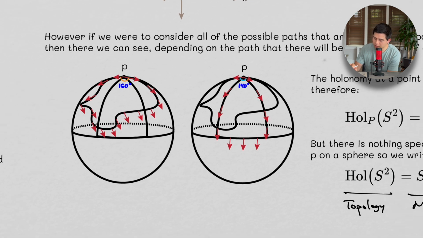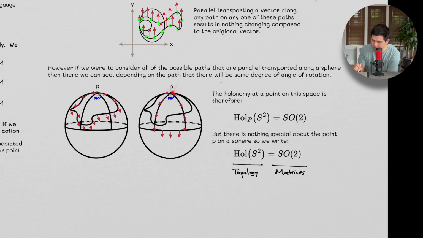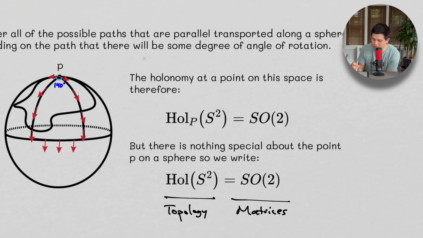Okay, and the holonomy at this point P on the space is therefore a rotated vector. What generates these rotated vectors are matrices in the SO2 group. Okay, so the holonomy at point P on the sphere S2 is the SO2 rotation matrices, or the SO2 group.